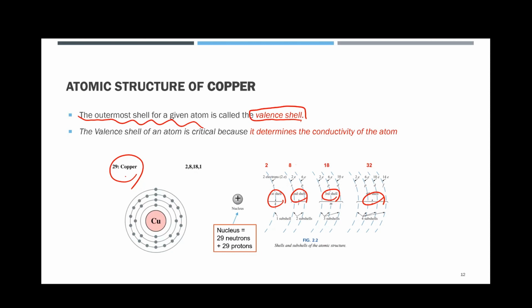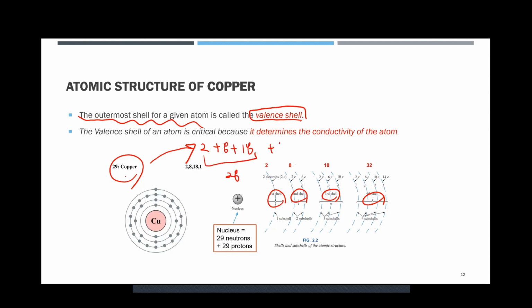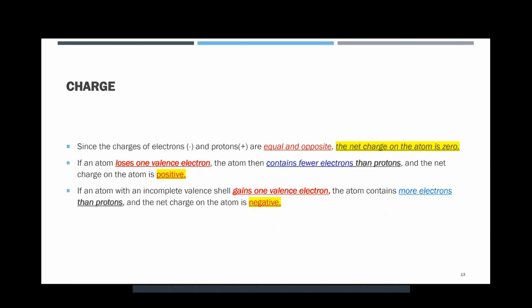So for copper's 29 electrons, we track how they fill the shells: 2 plus 8 plus 18 is 28, and the fourth shell has 1. So there is 1 electron in the valence shell of copper. We can draw it like this for copper.